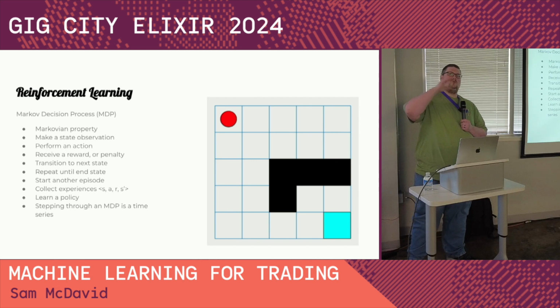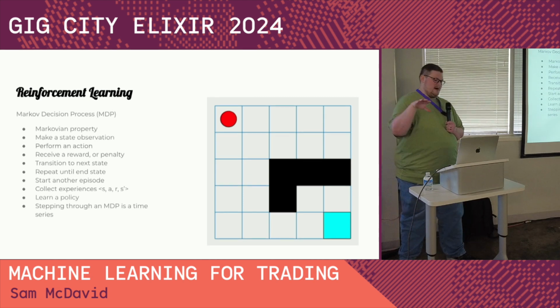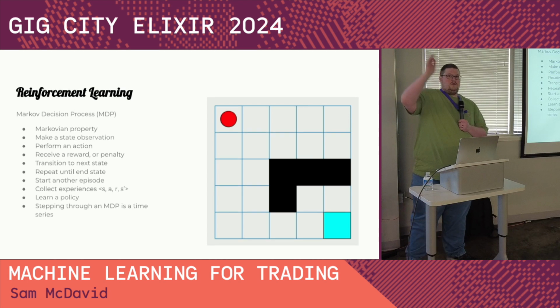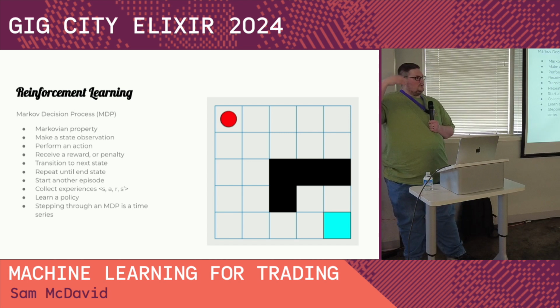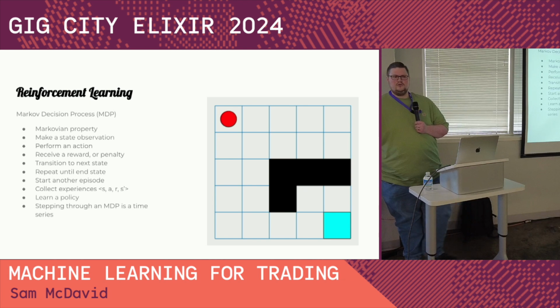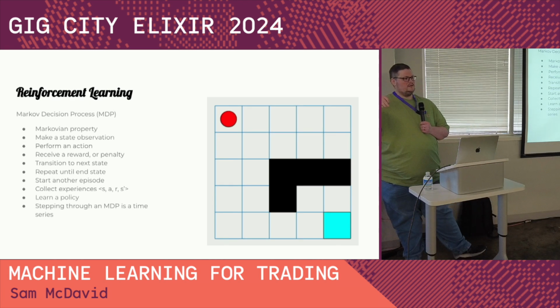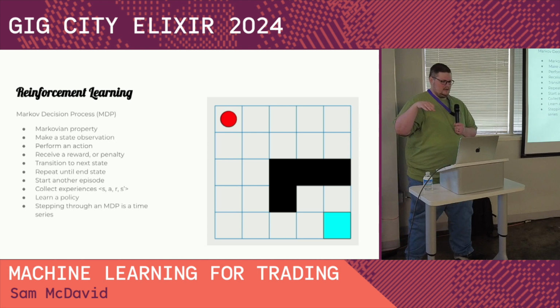We have an agent and an environment. The agent will progress in the environment, performing actions until it gets to a goal state. This is the end of an episode, and then you reset and train it again.